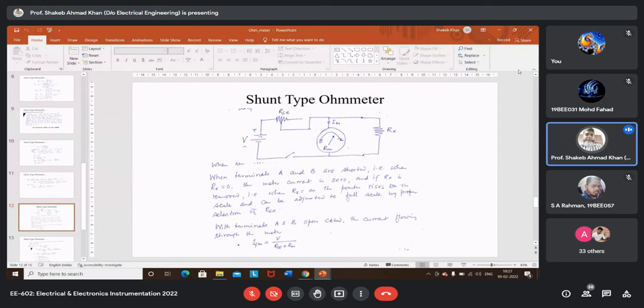But if you are using small resistance, then they will give you erroneous results. So first of all, we'll discuss what are the reasons, the challenges, the limitations of these methods.